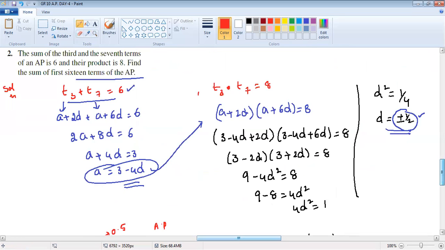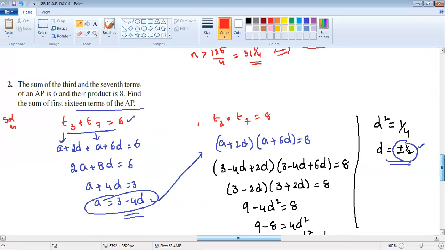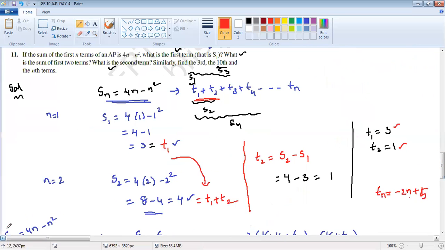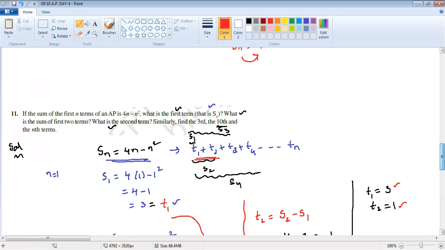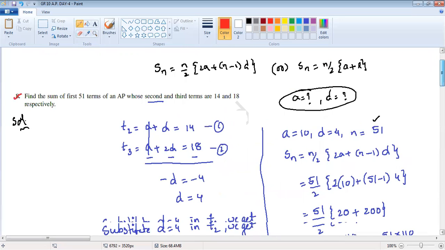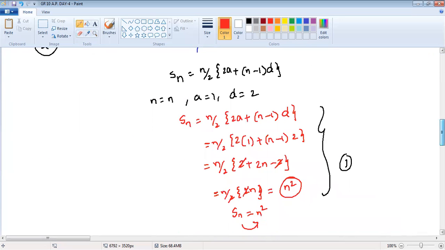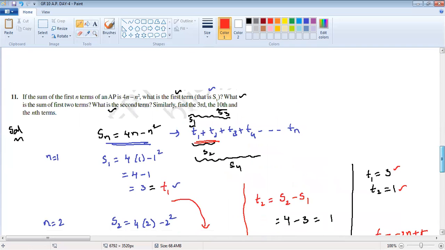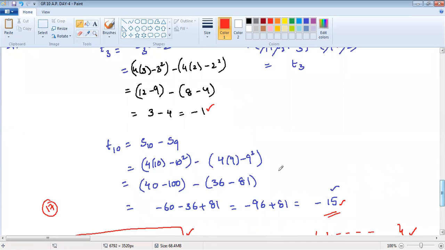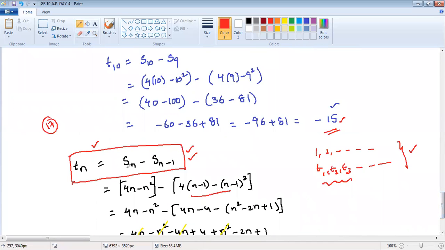Right. So with this problem, today's class, I'm going to stop. Now, in this class, what we learned: all the types of application questions we are learning. See in this, coming to the first, this is simple. And mainly we have learned one formula here. Sn is to find the Tn. Tn is equal to Sn minus Sn minus 1. This is an important formula, please remember.